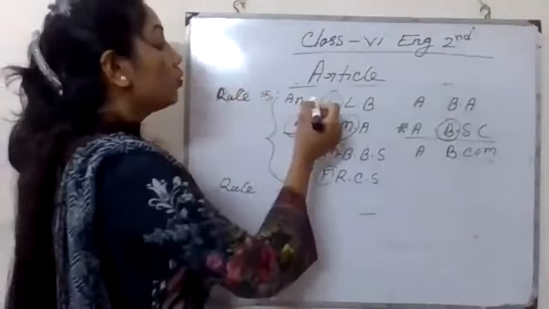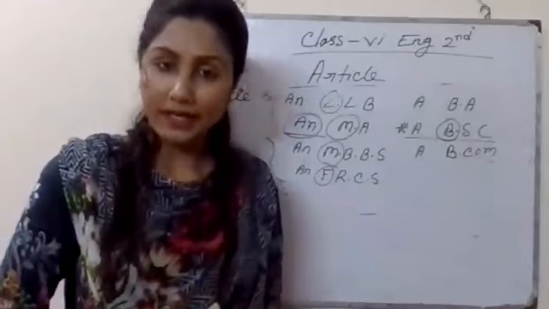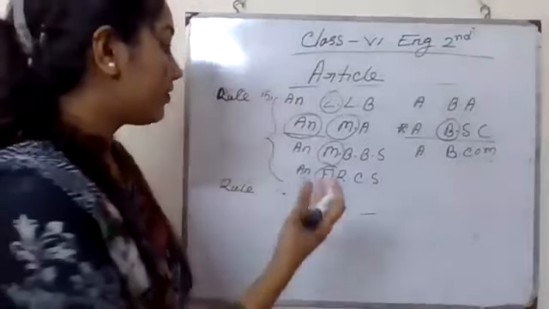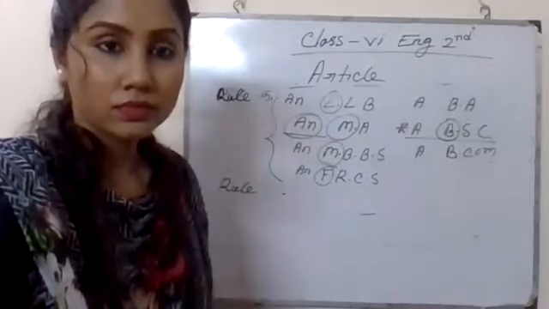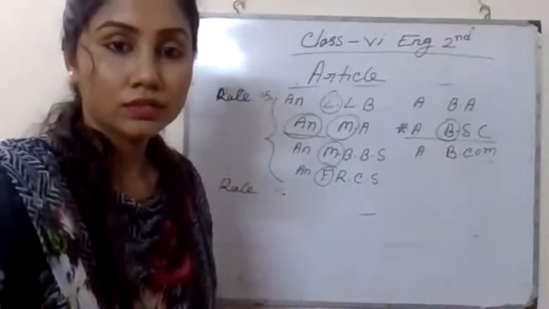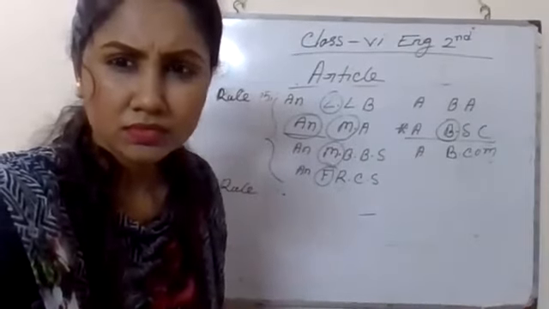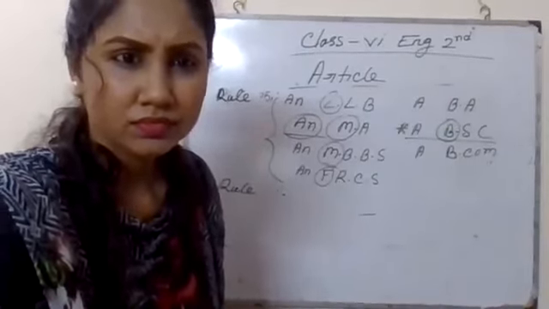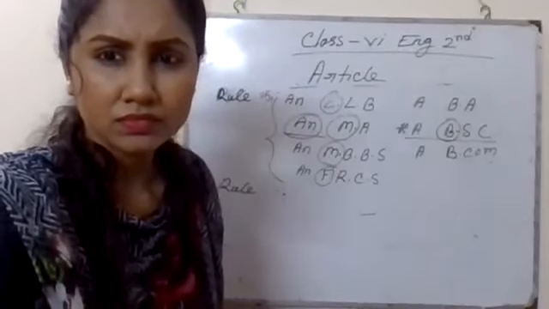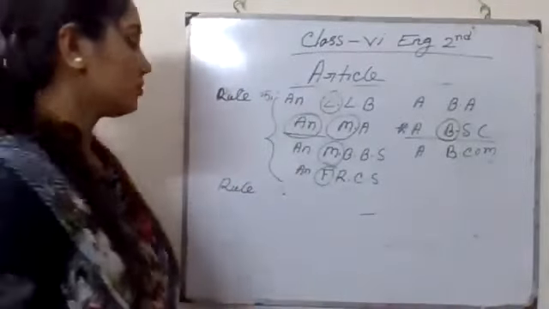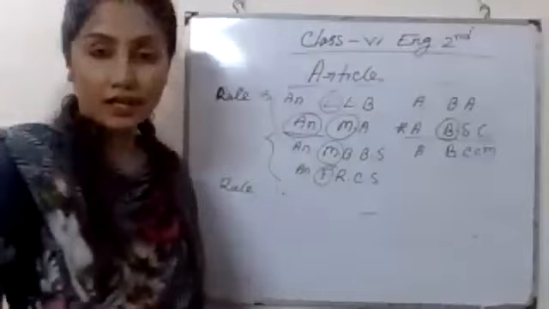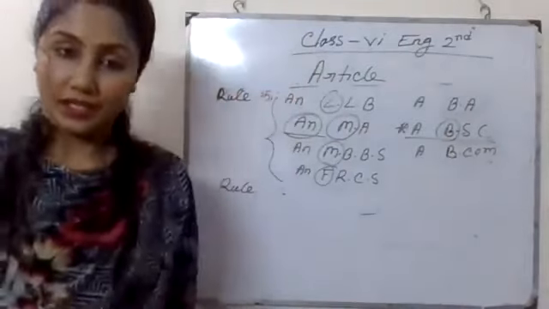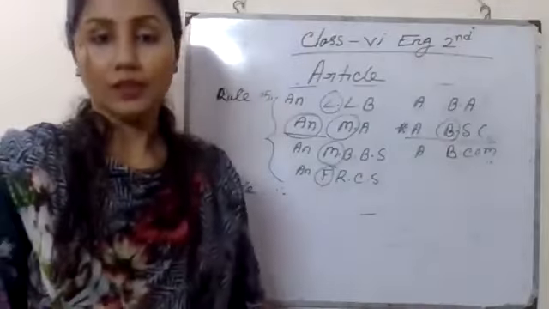The matter is that when we spell it, if it sounds like a vowel, then we have to use AN before the abbreviated word, and when it sounds like a consonant letter, then we will use A before the word.